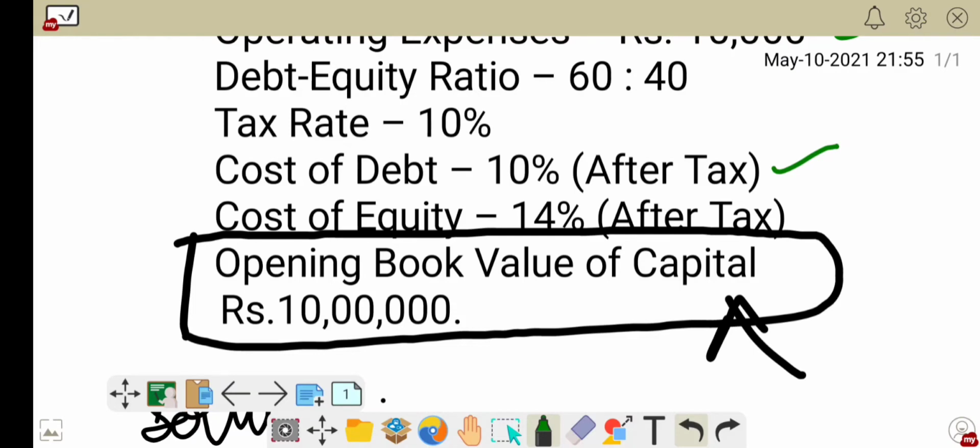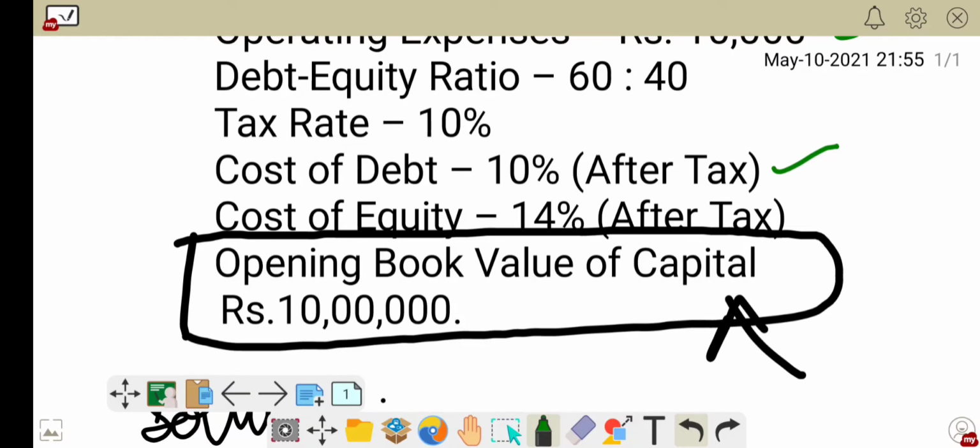The cost of debt is 10%, and cost of equity is 14%. Equity is the element which gives us capital.